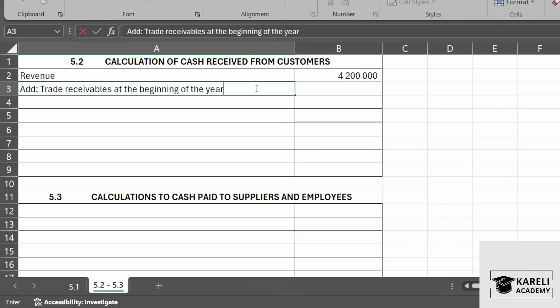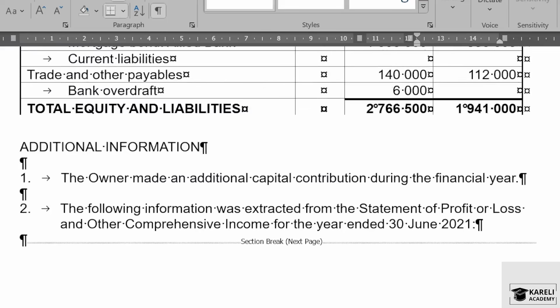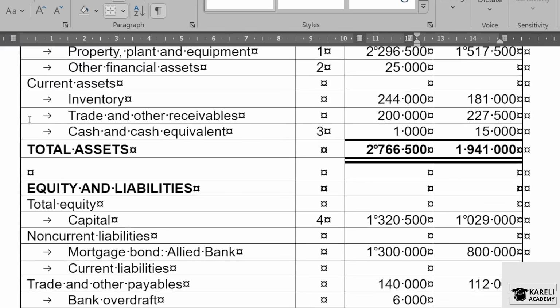Now, remember, I said the beginning of the year would be the previous year. The balances of the previous year would be the beginning. Let us check. We have trade receivables. There they are.